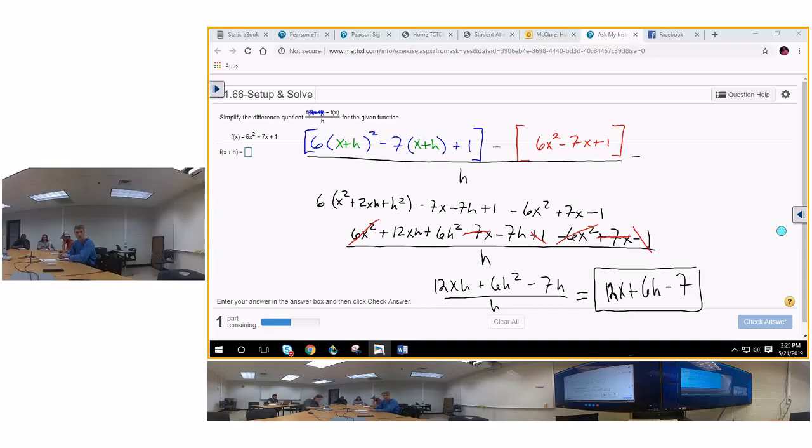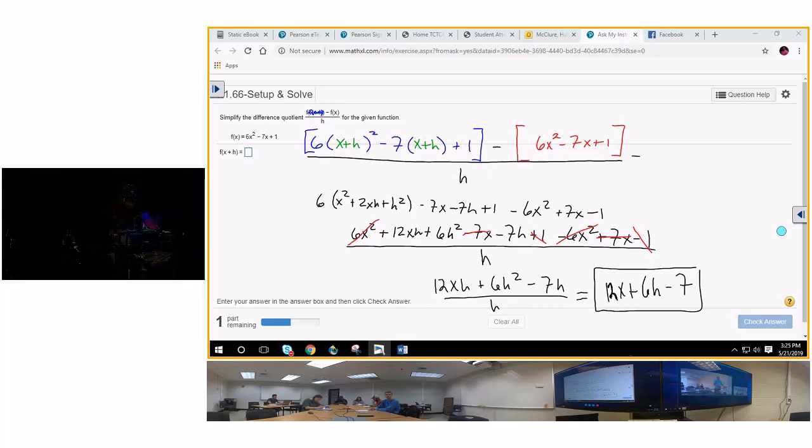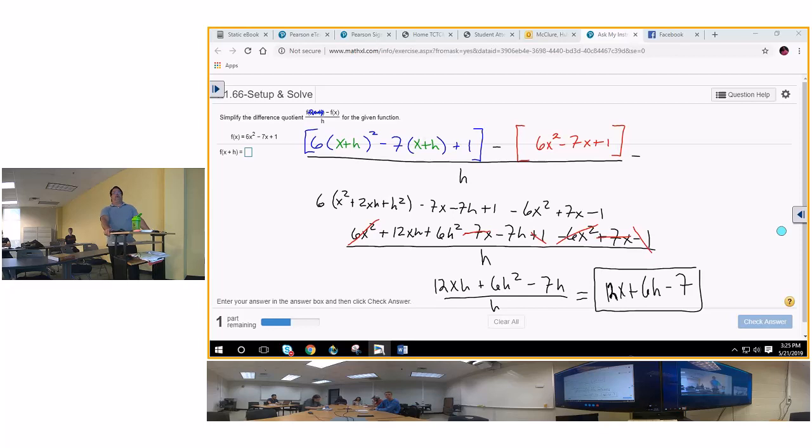Now remember, that is the answer for right now. After we get through with the limit theory, we're going to apply the limit as h approaches 0, and that's going to give us 12x minus 7, which is the derivative of 6x squared minus 7x plus 1. But we got to crawl before we can walk, and we got to finish this algebra review, which we're going to finish Friday.